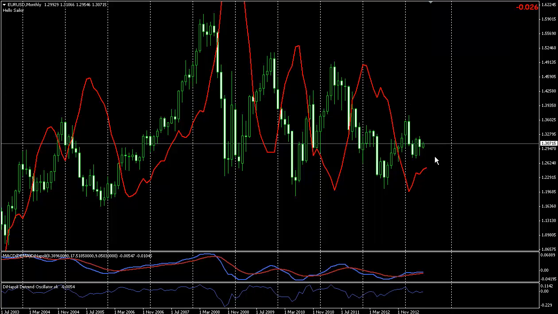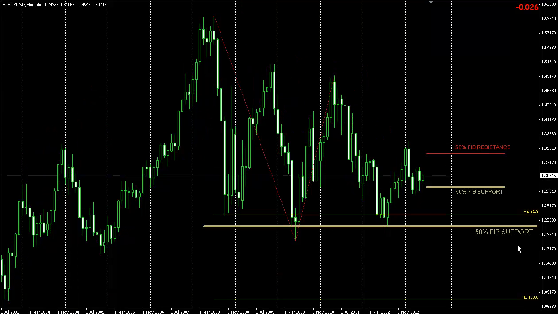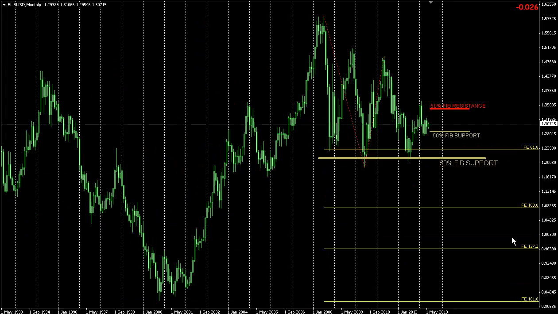Now let's see the Fibonacci analysis on the monthly chart. We can see many important things with this Fibonacci analysis. First, we can see that the market has stopped at the 50% support of this entire up move, and the market tested it for the first time and then for the second time.